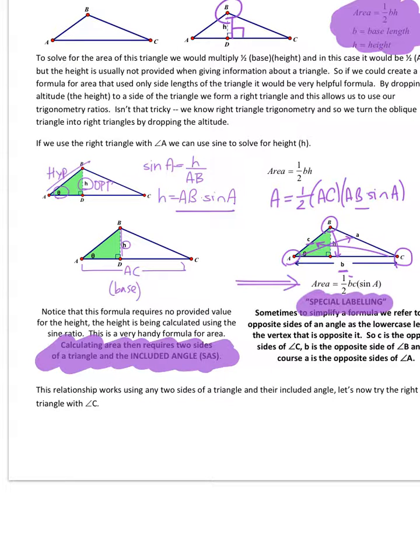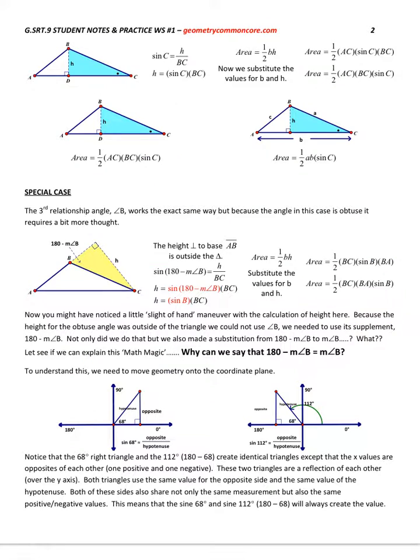Let's take a look at a different reference angle. If you're looking at the next page in your notes, we have angle C as the reference angle. We still want to relate the height drawn to base AC here to reference angle C using a side of triangle ABC, which in this case would be BC. So here we've related C, H, and BC using sine. Solving for H, we have sine C times BC.